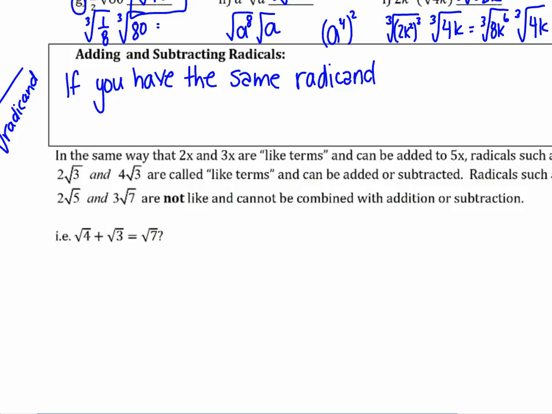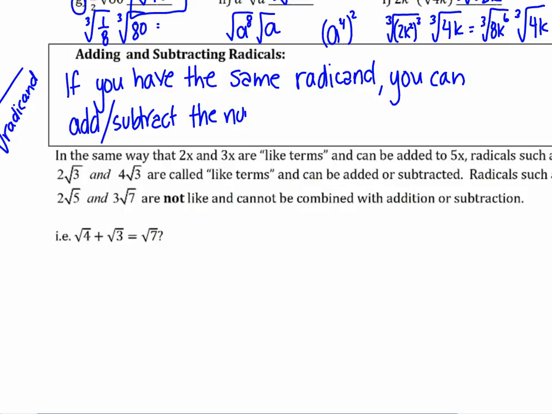If you have the same radicand, you can add or subtract the numerical coefficients. And then simplify. Sometimes you have to simplify first, actually. Simplify if necessary.